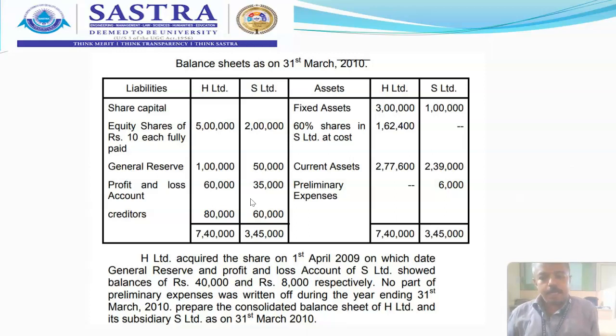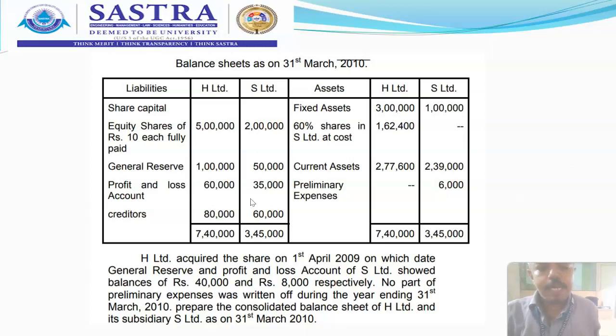But in this sum we have only capital profit and only revenue profit. There is no capital loss, no revenue loss. Even the capital loss we have, as part of preliminary expenses, has been adjusted along with the working itself.